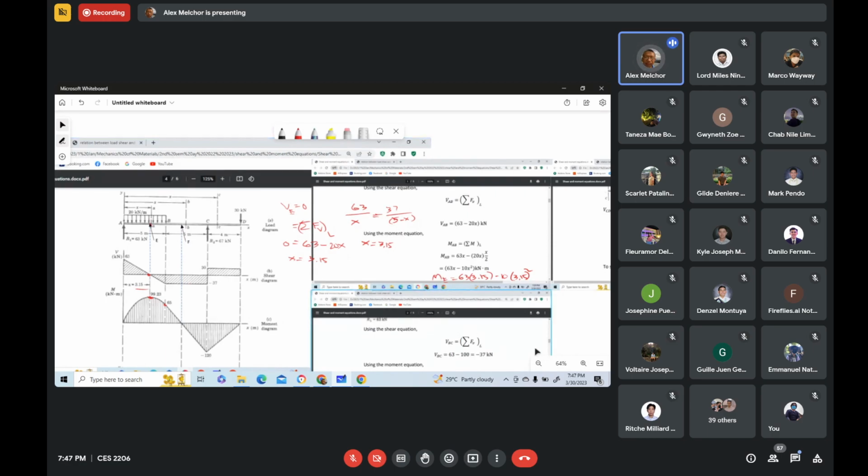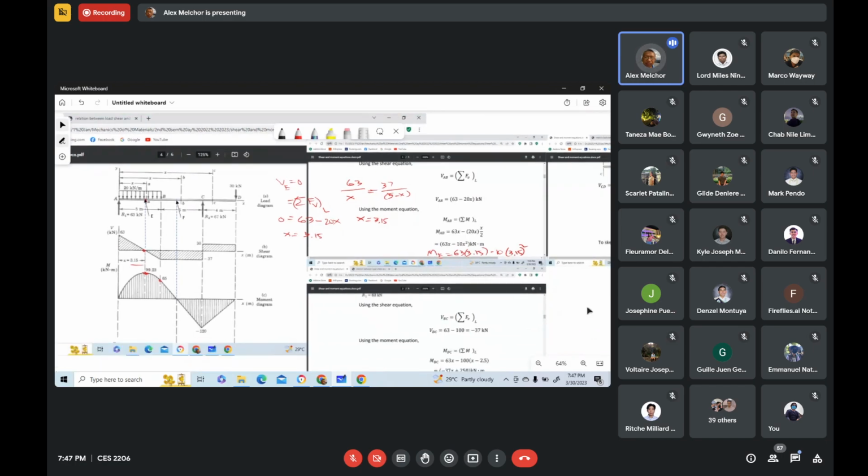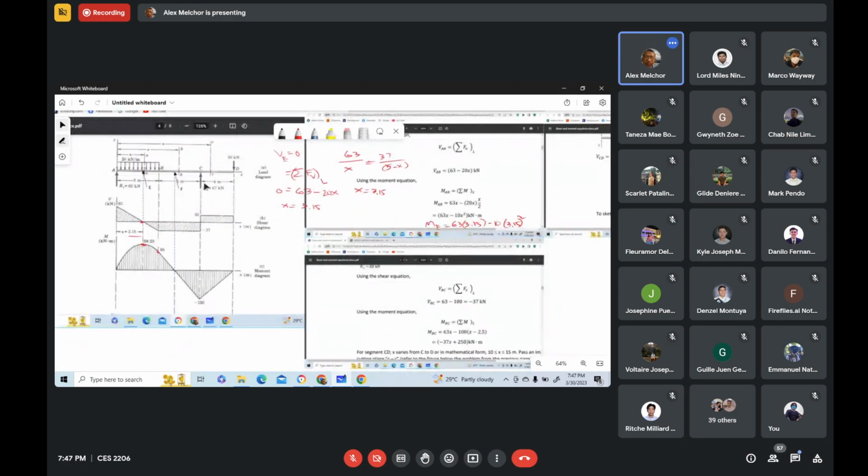Okay, the moment at C, this time we use the moment equation for segment BC, because C is the boundary between the segments BC and CD. So you can use either of the moment equations in those two segments.